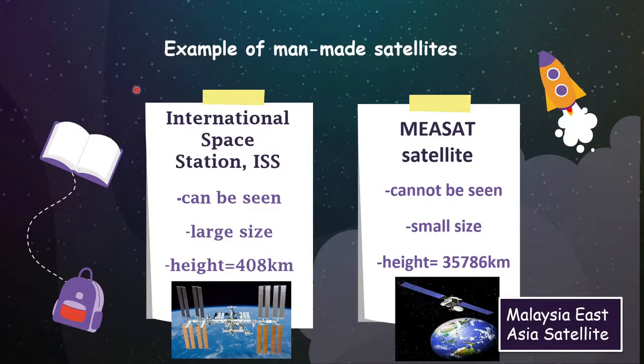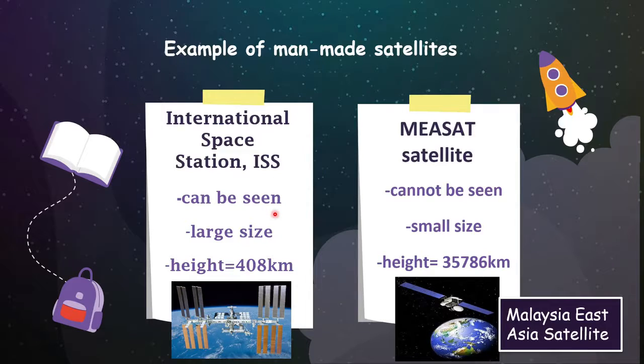Here are two examples of man-made satellites from our textbook. There are the International Space Station, ISS, and MEASAT. MEASAT is actually the Malaysia East Asia Satellite. They are very different.